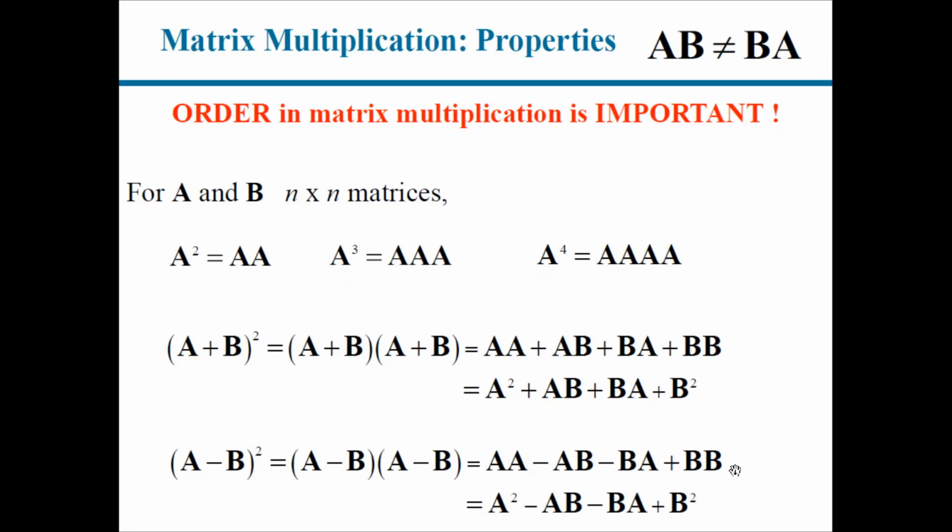Something similar happens with the square of the difference of two matrices. So this is different from what you have in polynomials or real numbers. Matrices are special species, and we need to be careful when we do the product of matrices. Order of multiplication is extremely important.